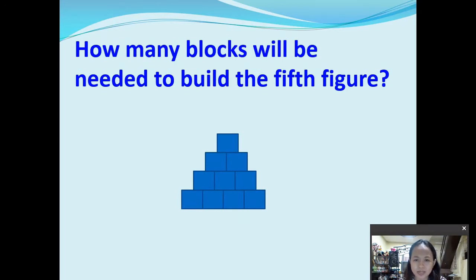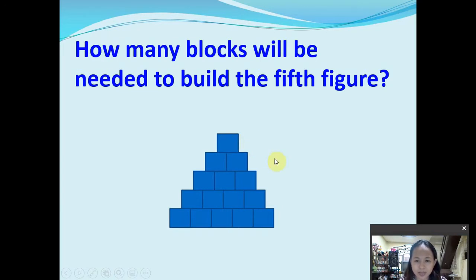Now the question is the number of blocks needed to build the fifth figure. So we have 1, 2, 3, 4, 5. So we added 5 blocks to come up with the total number of blocks needed to build the fifth figure.